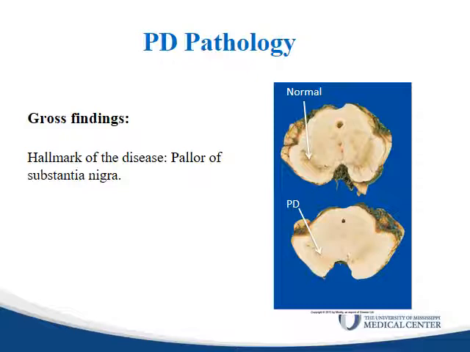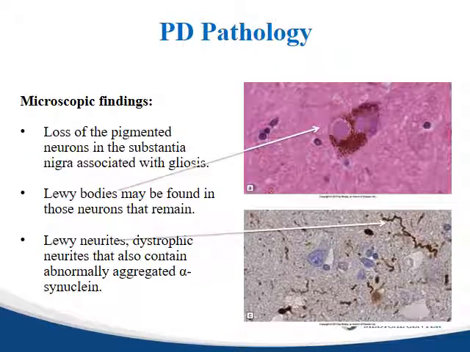You can see that the area supposed to be substantia nigra is much more pale, due to the loss of pigmented dopaminergic neurons. Microscopically, Parkinson's disease causes loss of the pigmented neurons in the substantia nigra associated with reactive gliosis.